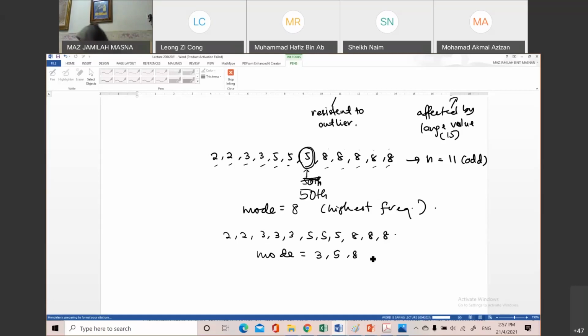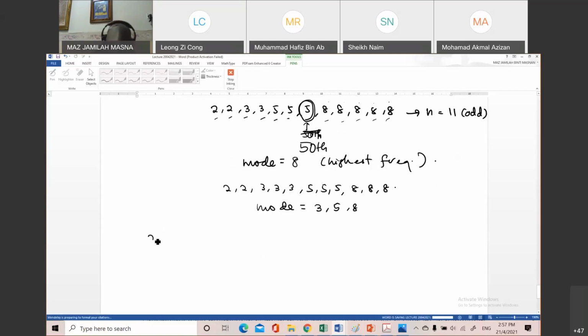So that's all for your part 1. Okay. Does range get affected by outlier? Question number 25. Range and outlier. Is range affected by outlier, class?